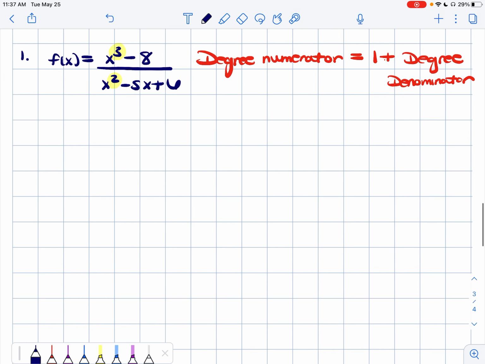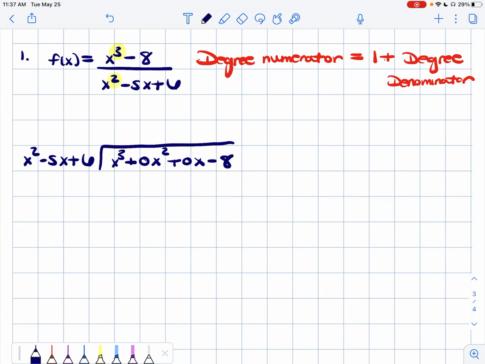So we are going to take x cubed minus 8, but remember to put in your placeholders. So I'm going to put in a plus 0x squared plus 0x minus 8. So if you're missing any terms, put in a 0 as a placeholder. And then we're dividing that by x squared minus 5x plus 6.